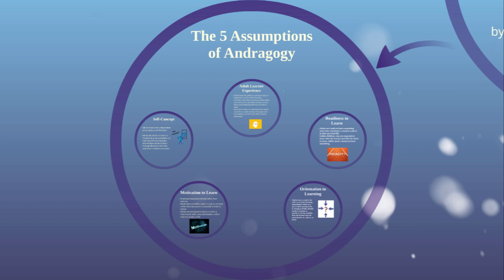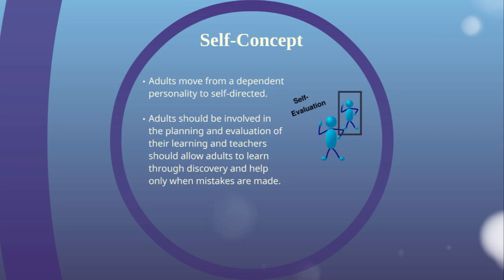Andragogy is based on 5 assumptions that a man called Malcolm Knowles came up with in 1980 and then again in 1984. The first assumption is about self-concept. Children need to be directed by their teacher in order to learn, but adults move from a dependent personality to a self-directed personality.